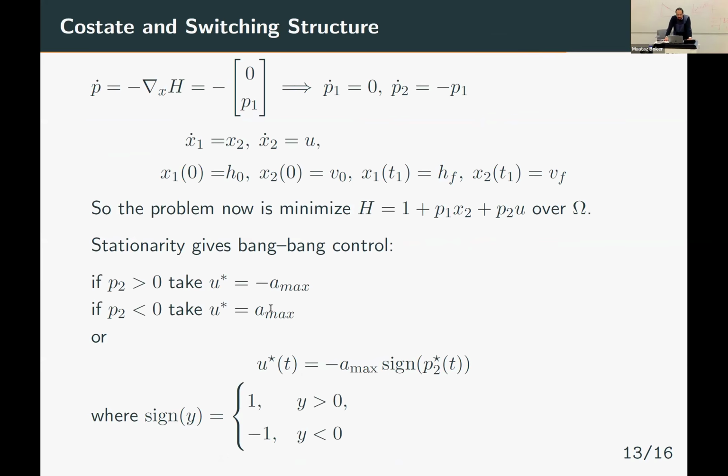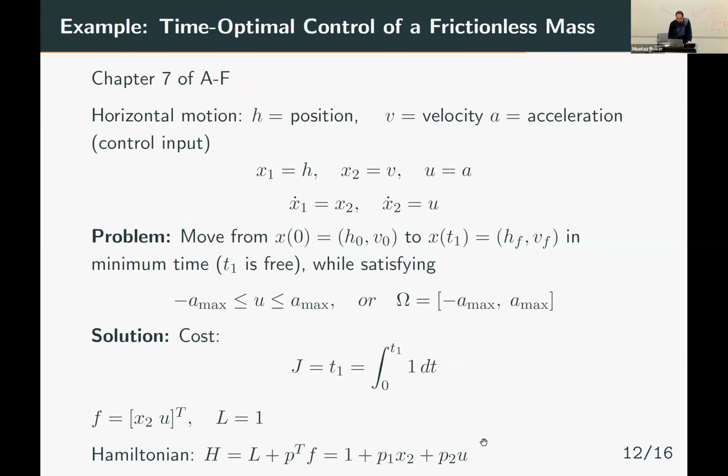All right, so the co-state has the same definition as before. It is equal to the negative of the gradient of the Hamiltonian. So you differentiate the Hamiltonian with respect to x1; it doesn't depend on x1, so it's 0. Then you differentiate the Hamiltonian with respect to x2, and it is equal to p1.